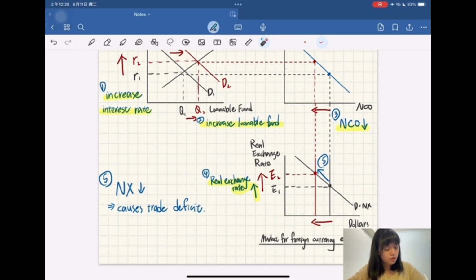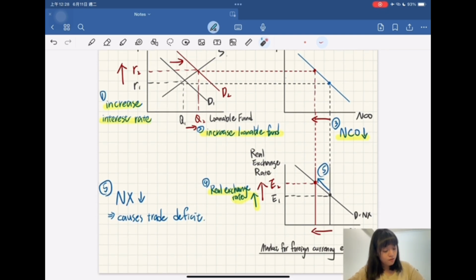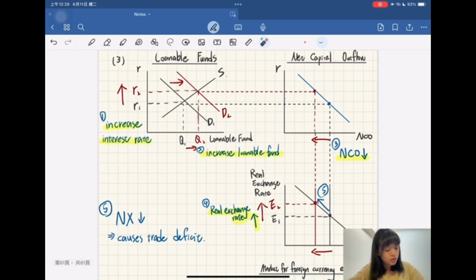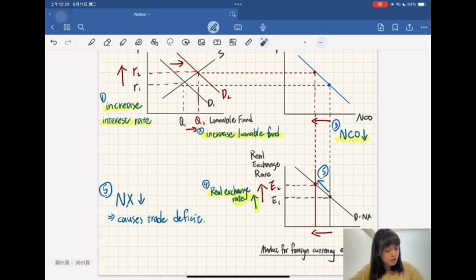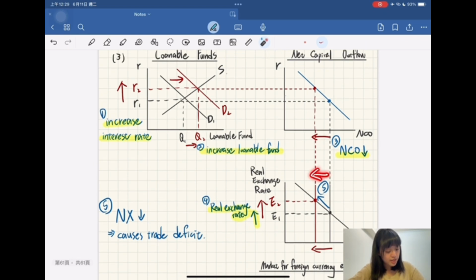And the third graph is the market for foreign currency exchange. The vertical axis is the real exchange rate and the horizontal axis is dollars. As the NCO decreases, the NCO curve shifts left, and the exchange rate moves from E1 to E2, so the real exchange rate rises.